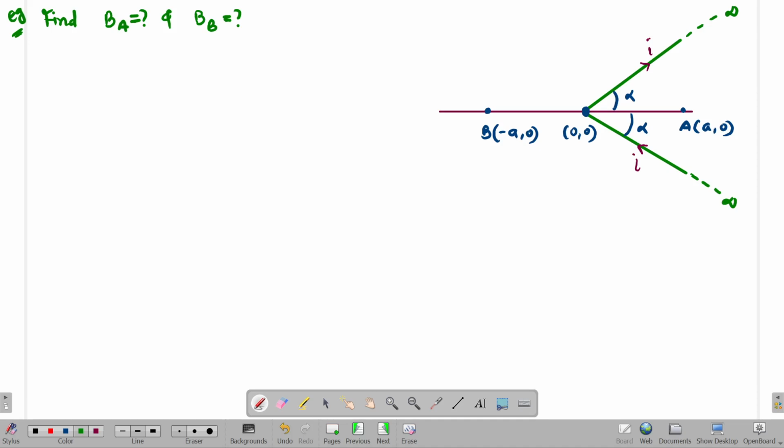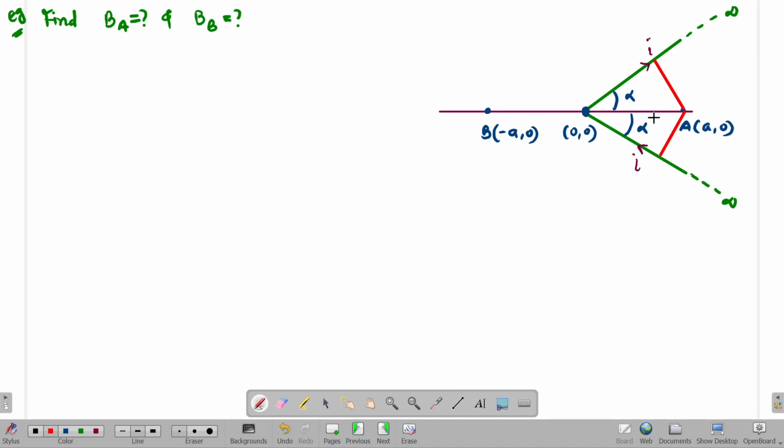See, first of all, whatever is going to happen, you have to first remember that you need to construct a perpendicular distance, isn't it? Now, if this is A, this is alpha, then this is what?